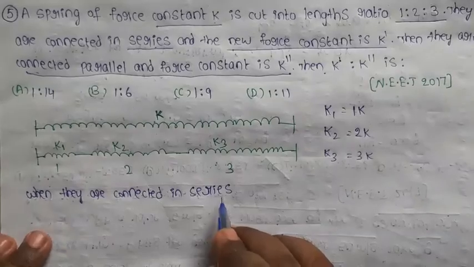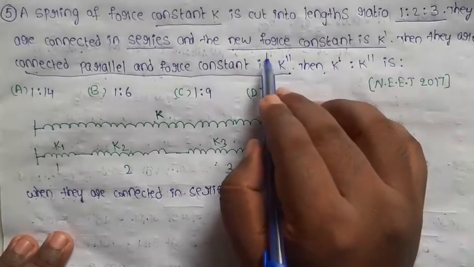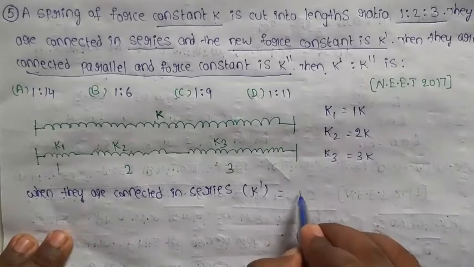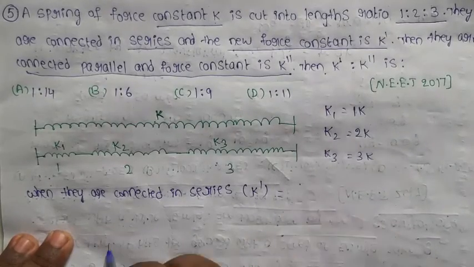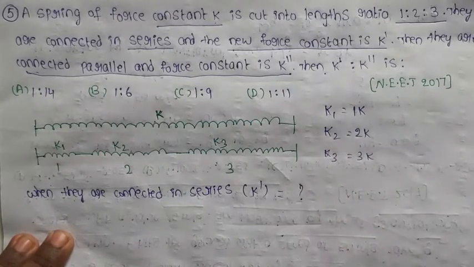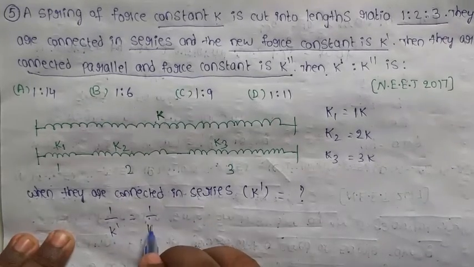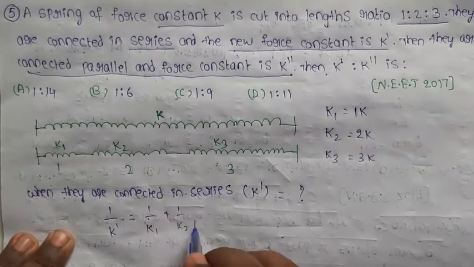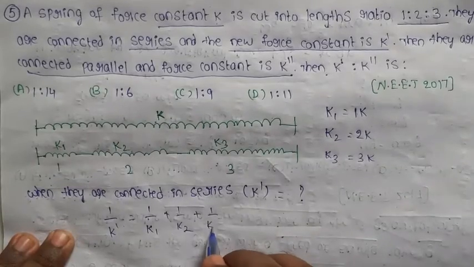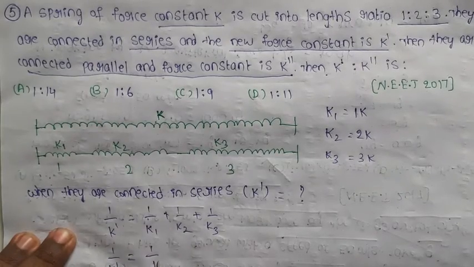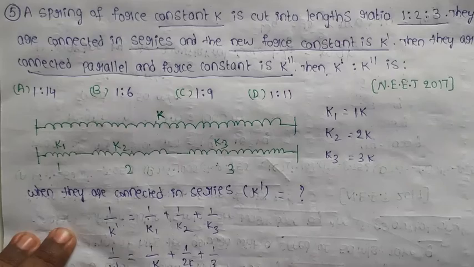So when they are connected in series, its new force constant is k dash, we are going to find. So formula: 1 by k dash equal to 1 by k1 plus 1 by k2 plus 1 by k3. So substitute values. 1 by k dash equal to 1 by k plus 1 by 2k plus 1 by 3k.